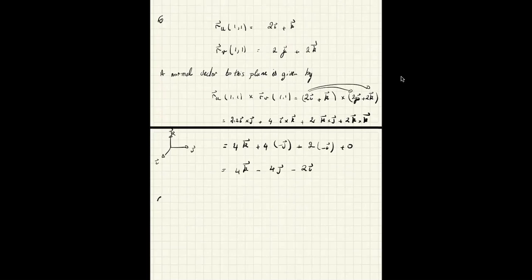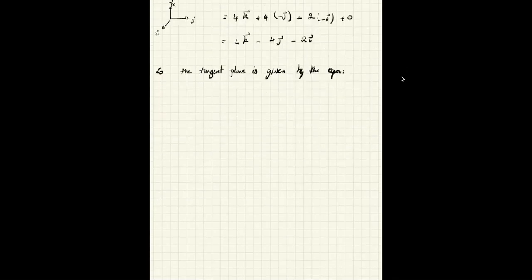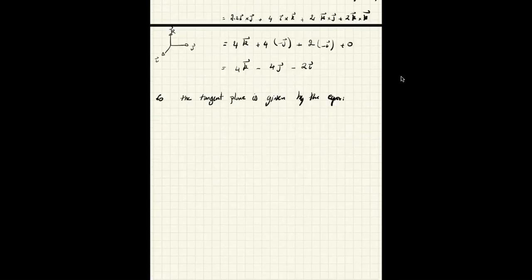Now I have the point. So the plane is given by the equation. Remember, this is not the right order, but the normal is minus 2I minus 4J plus 4K.